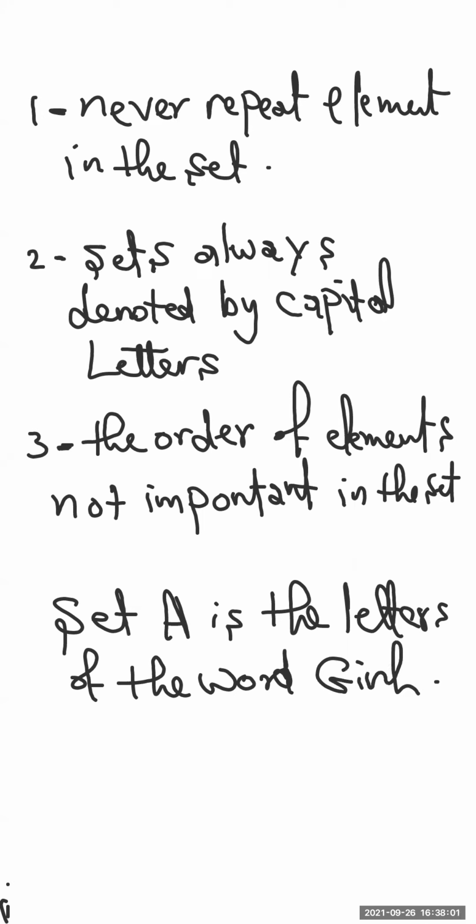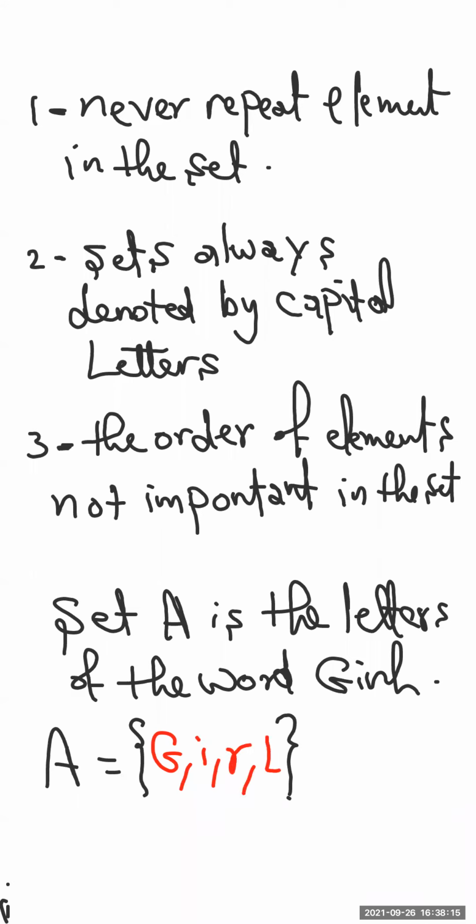In this case, we write A equal between two braces. The letters here are G, I, R, and L. As I told you, the order is not important. So if I write it like I, R, G, L, it's also correct.